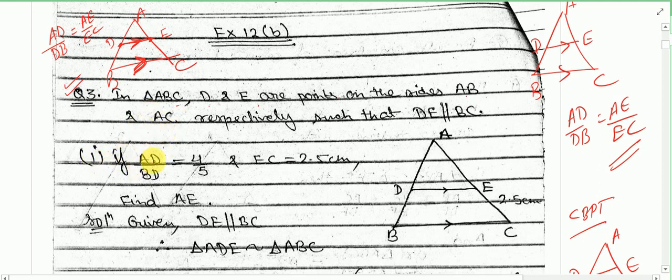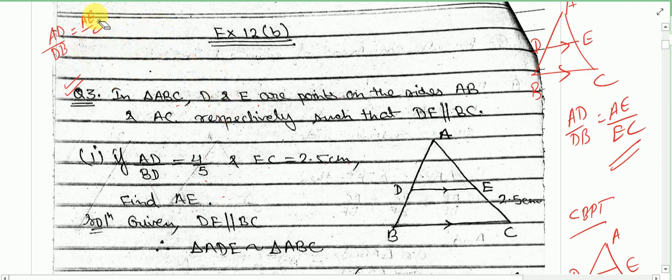Here you have to consider one diagram, and with the help of that diagram, you have to solve those sub questions. Like here, if AD upon BD is equal to 4 by 5, and EC is equal to 2.5 centimeter, find AE.